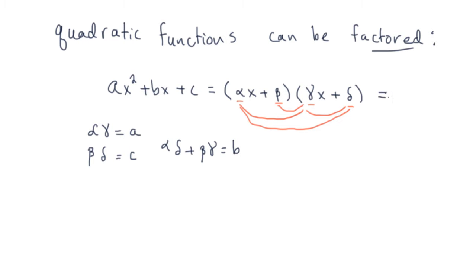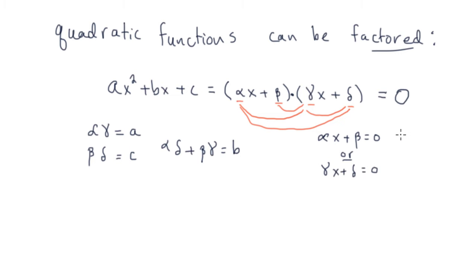Why does this help us give the zeros? Because if I set this equal to 0, there's this really important property of the real numbers that if I'm multiplying two things together and that product happens to be 0, then one of these two factors has to be 0. So either alpha x plus beta is 0, or, there's that keyword or again, gamma x plus delta is 0.